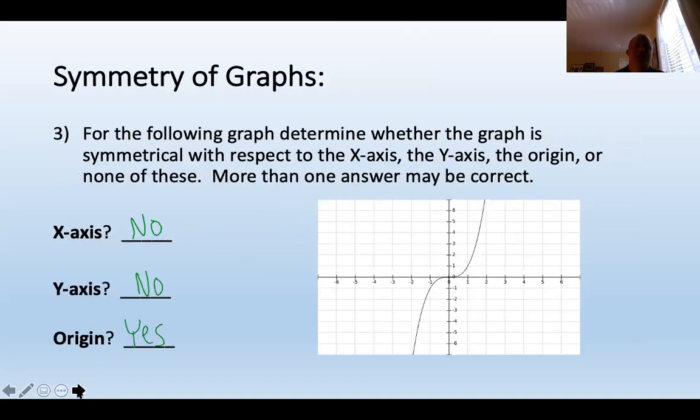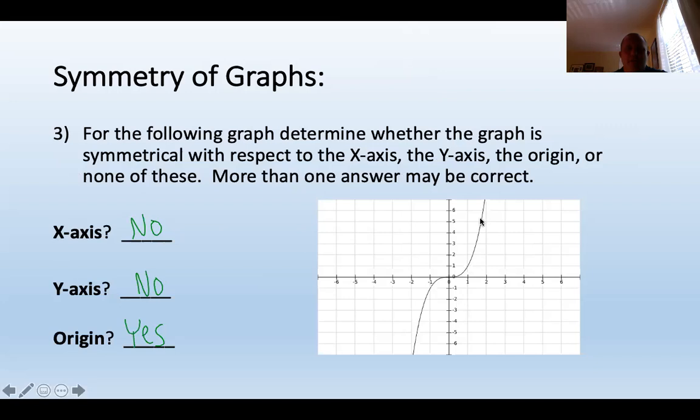If we move on to question 3, it says, for the following graph, determine whether the graph is symmetrical with respect to the x-axis, the y-axis, the origin, or none of these. More than one answer may be correct. So for the x-axis, here's our x-axis right here. We want to determine if we reflect the graph over the x-axis, would the graph be the same?